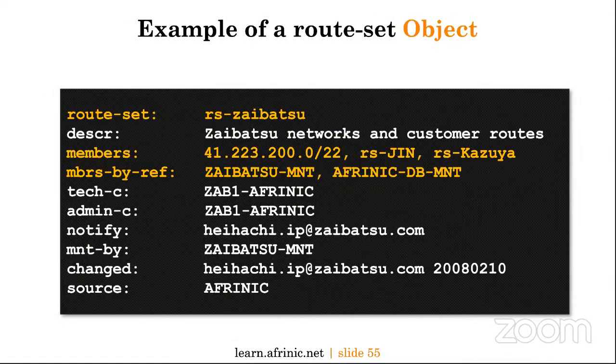We have the route-set here, and we have the members and members-by-ref, again referencing maintainers, and we can see the members section. You can use either a prefix, not a route object. I'll say that again, a prefix, and you can also reference other route sets which contain prefixes. Okay.